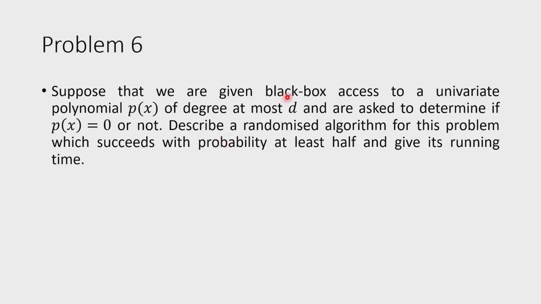Is the question clear? Is it something like, if I want to evaluate at 5, the black box will evaluate p at 5? Right. You give 5 to the black box, and in one unit of time, it spits out p(5). You don't need to worry about how much time the black box takes. That's the input model.